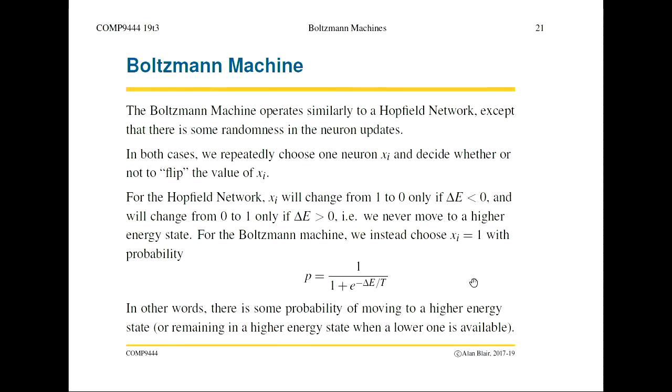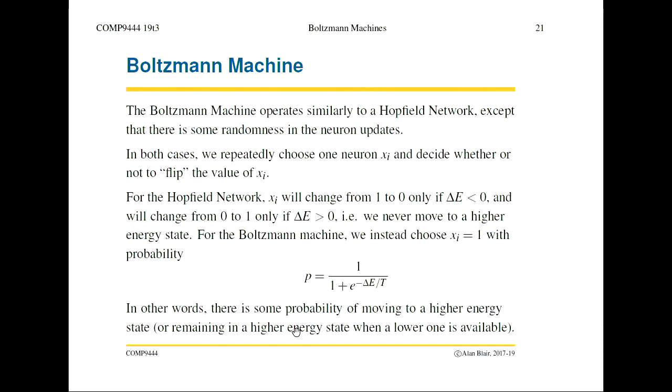So if delta E is less than 0, then we're allowed to switch from 1 to 0, and if delta E is bigger than 0, we're allowed to switch from 0 to 1. But otherwise we have to stay where we are. Now, with the Boltzmann machine, we go to the value x i equals 1 probabilistically.